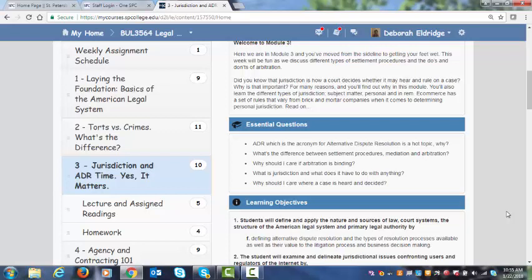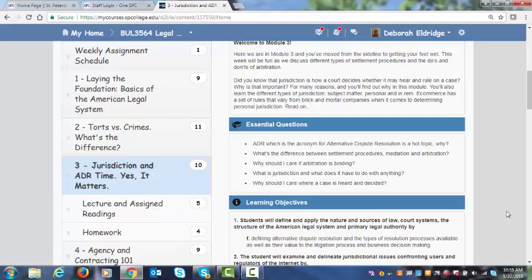More formal is what we call mediation. With mediation, you actually use an outside third party that has nothing to do with the lawsuit or the parties involved in the case, but that person is called the mediator, and that person tries to get the parties to resolve the case. And what that means is you've got to meet halfway.